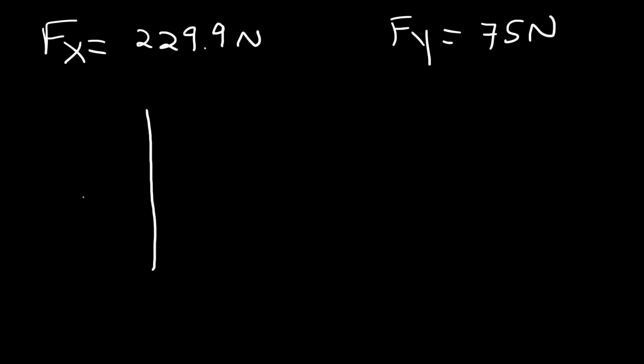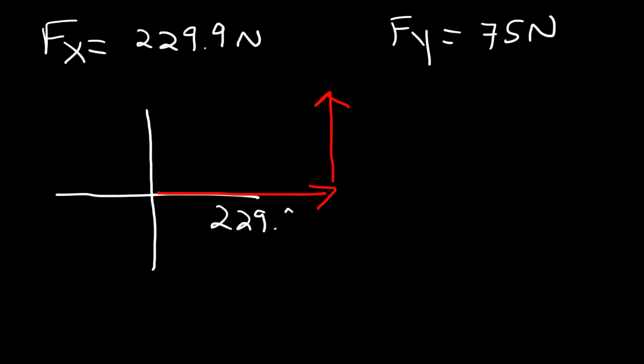Now let's go ahead and draw these values on an xy plane. So f of x is 229, and f of y is 75. The resultant force vector is the hypotenuse.